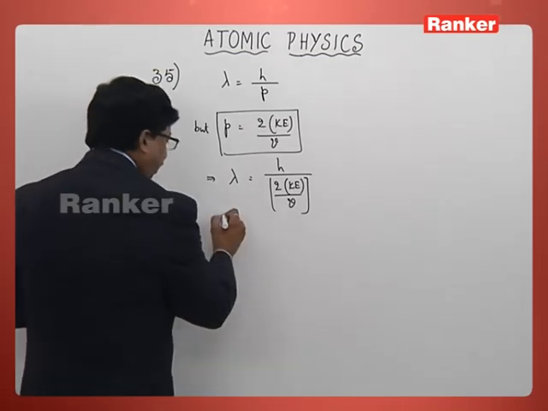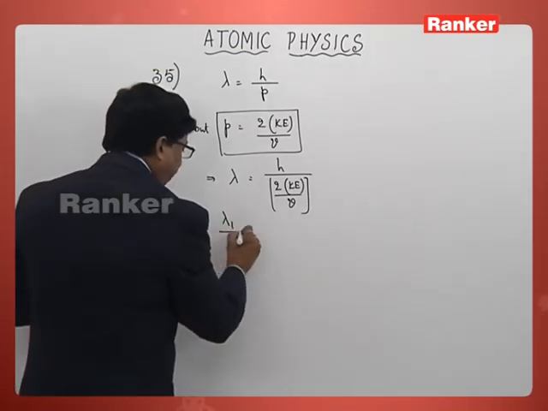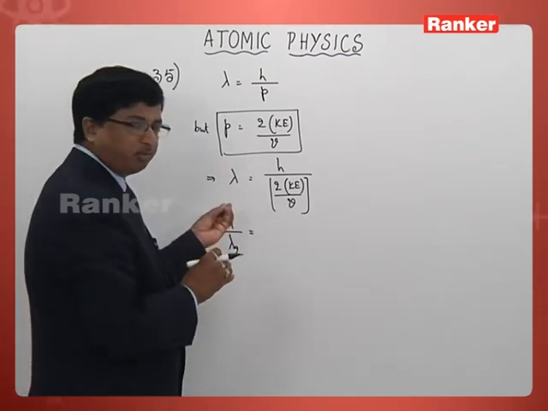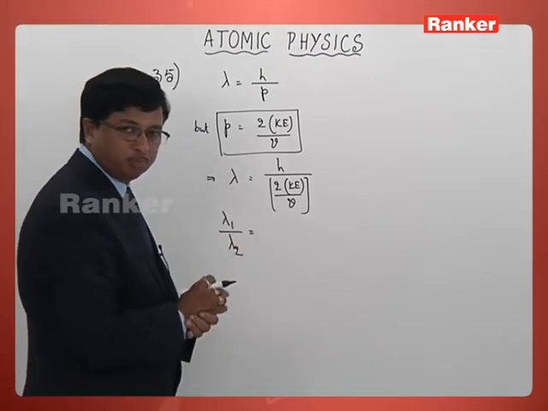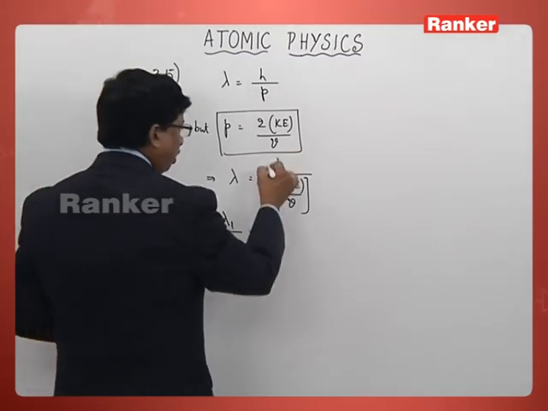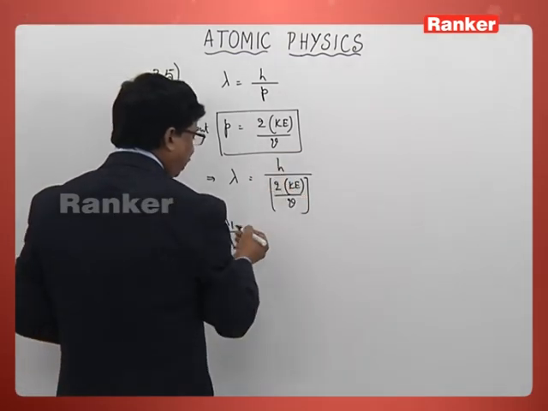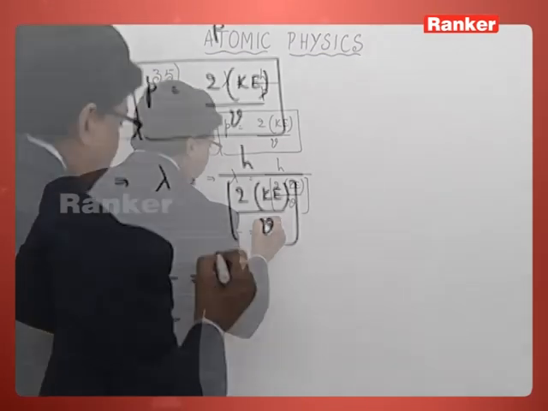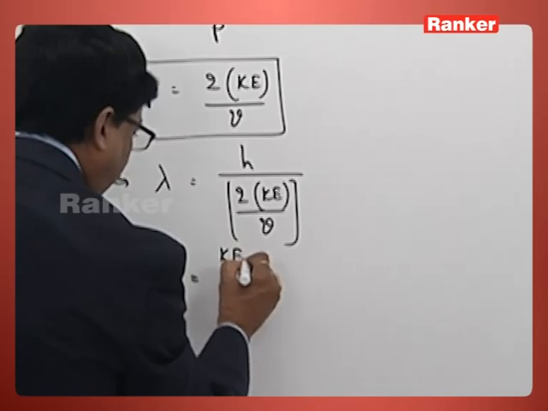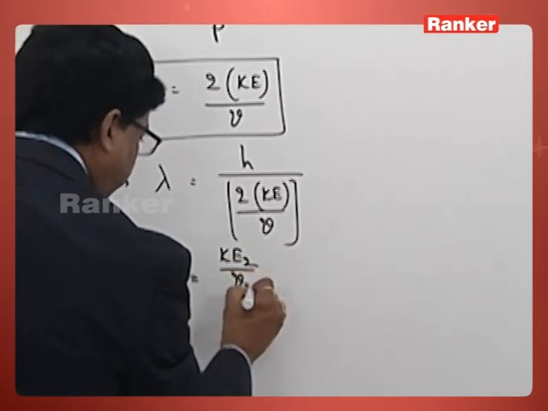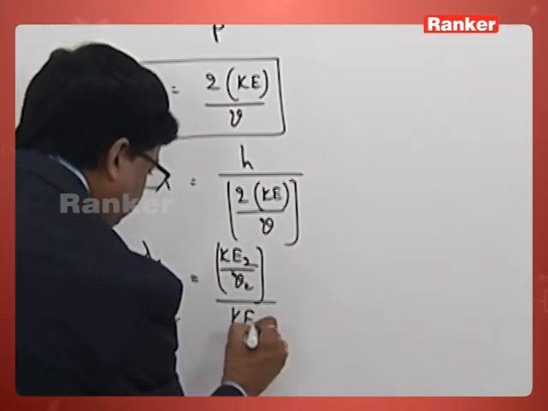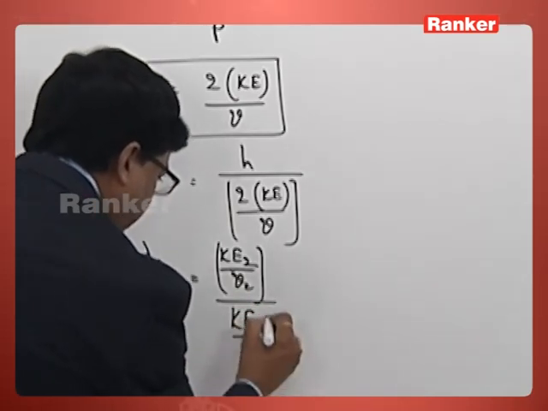Now you take initial de Broglie wavelength lambda 1, final de Broglie wavelength lambda 2. h being constant, 2 being constant, what can I write now? It can be taken as lambda 1 by lambda 2 equals KE2 by V2 divided by KE1 by V1.